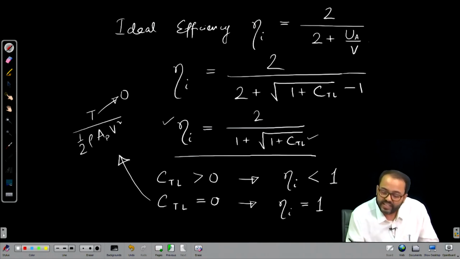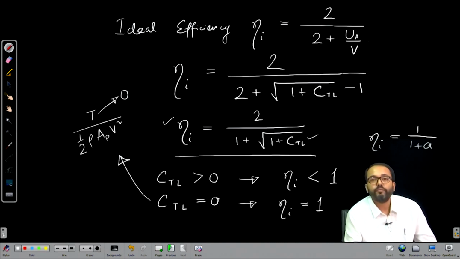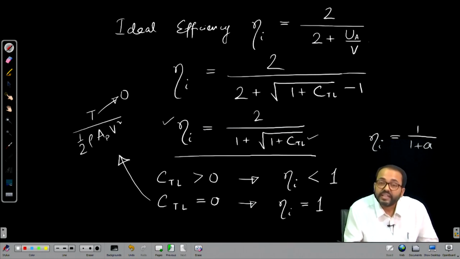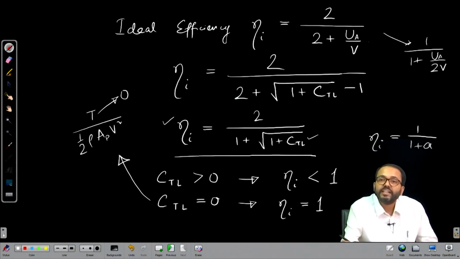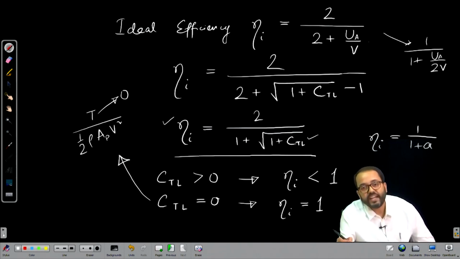So, here we have the ideal efficiency given by 1 by 1 plus A, if you remember, where A is the ratio of the axial induced velocity at the propeller disk. So, this was basically 1 by 1 plus UA by 2V, which is the ratio UA by 2 divided by V.